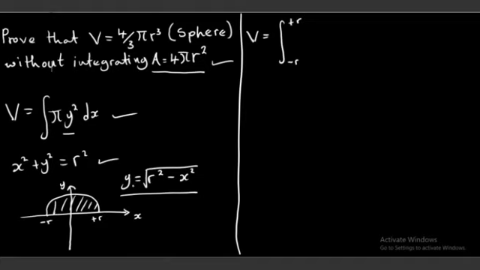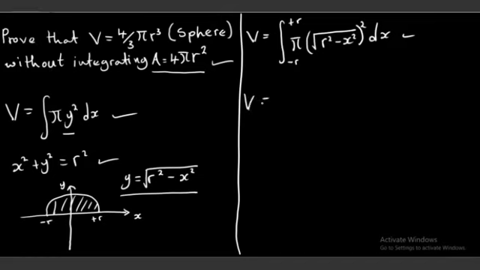Then pi, and we substitute the value of y, which is the square root of r squared minus x squared, and then we find the square of everything, dx. So this formula has been transformed to this form, and what we need to do now is just to integrate. That's all we need to do in order to get our formula.